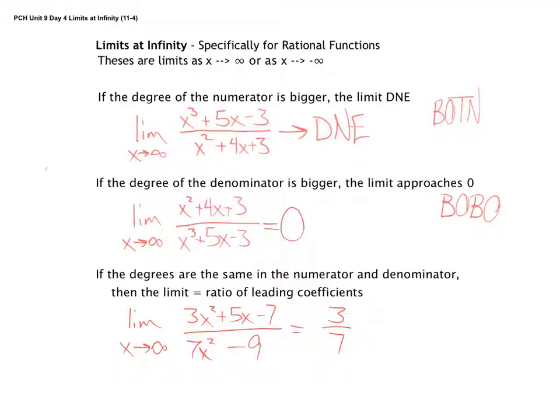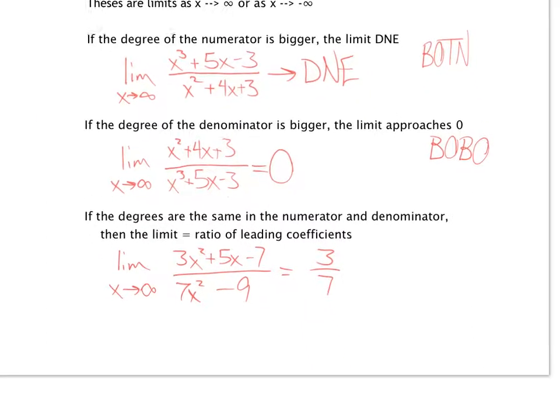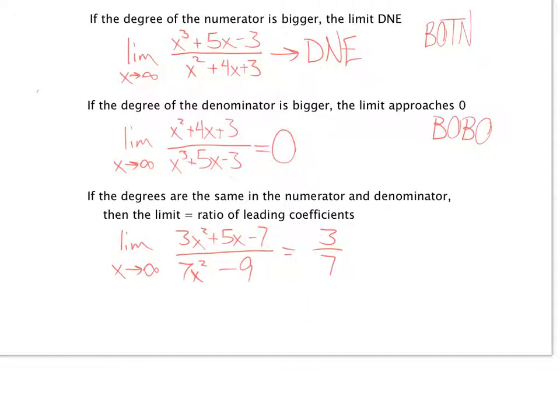Same thing down here when they're the same. A 5x and a minus 7 are really insignificant compared to infinity squared. Okay? And really, you can think of it like direct substitution.